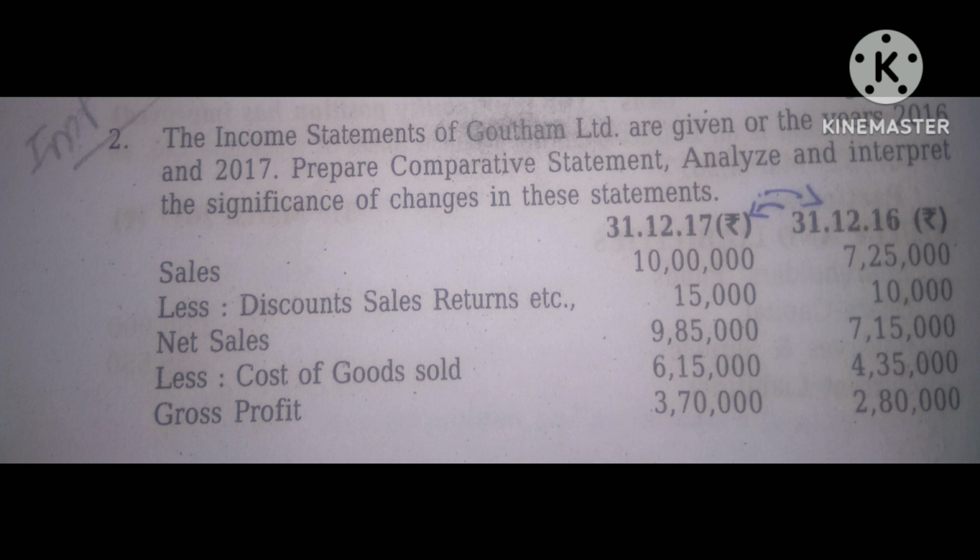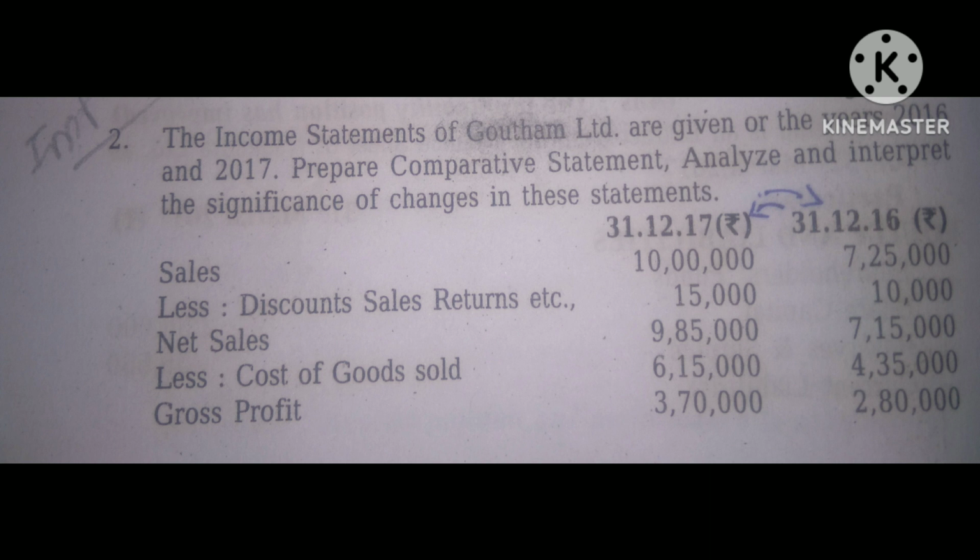So he has given two years of information, that is 2016 and 2017. Sales are 10 lakhs in 2017 and 7 lakhs 25,000 in 2016. Less discounts, sales returns, etc.: 15,000 for 2017 and 10,000 for 2016.